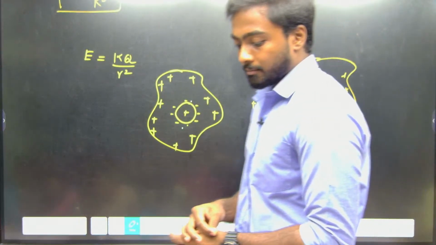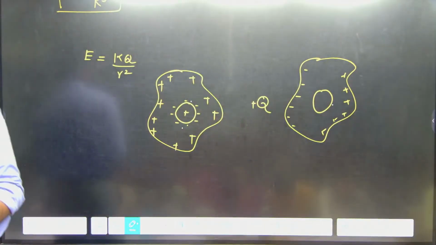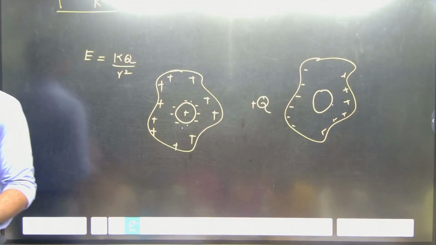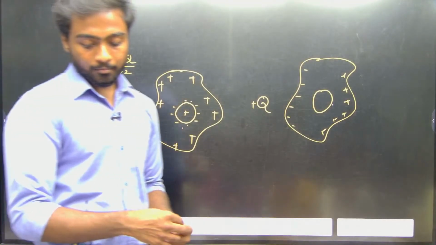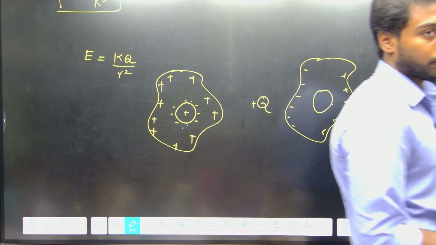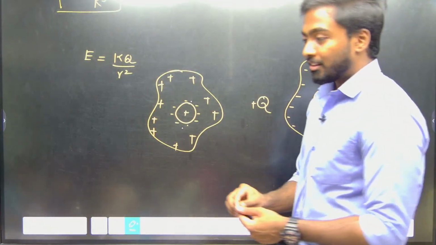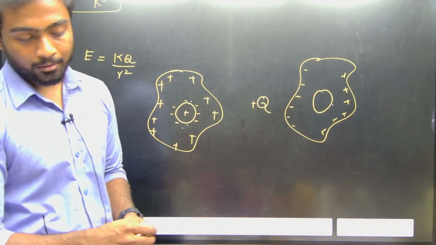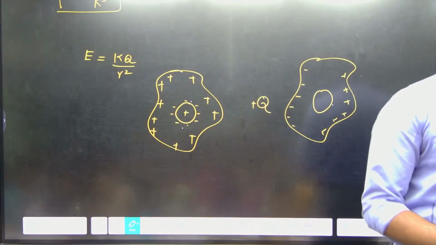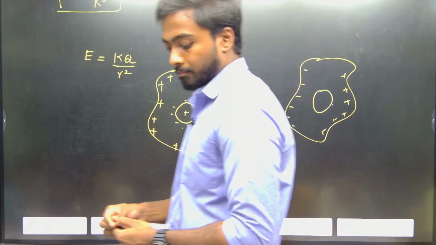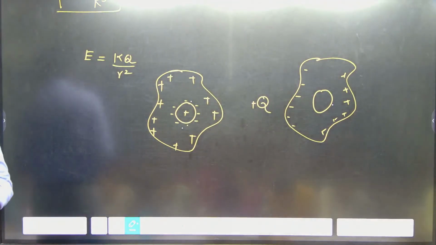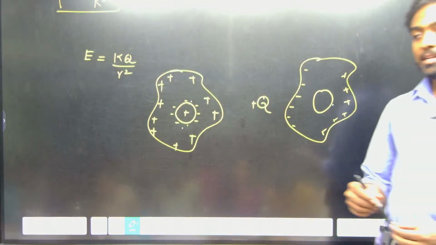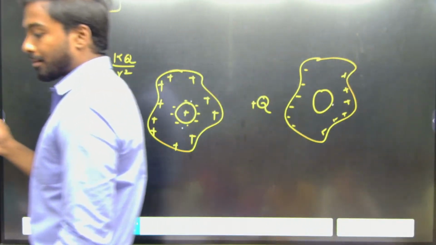A point charge, in brackets positive, is placed outside the sphere, then the net charge on the sphere is dash. Okay. So based on the properties whatever we have seen now, give the answer for this question.